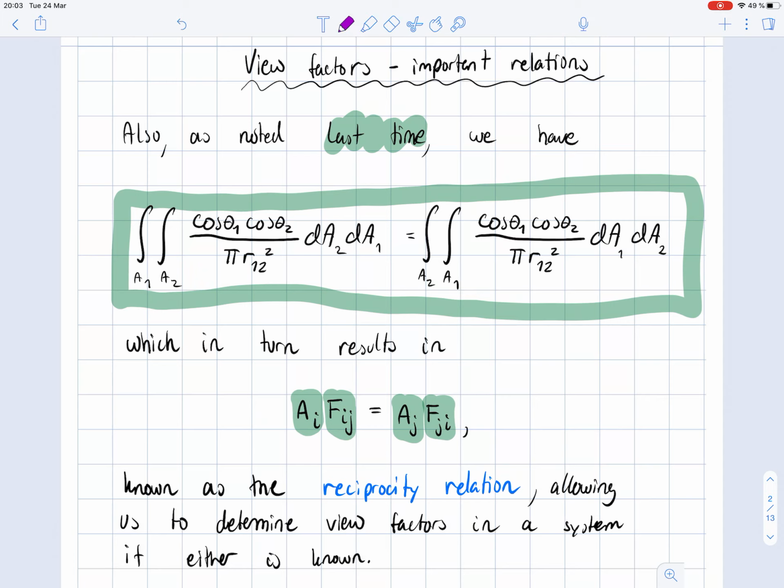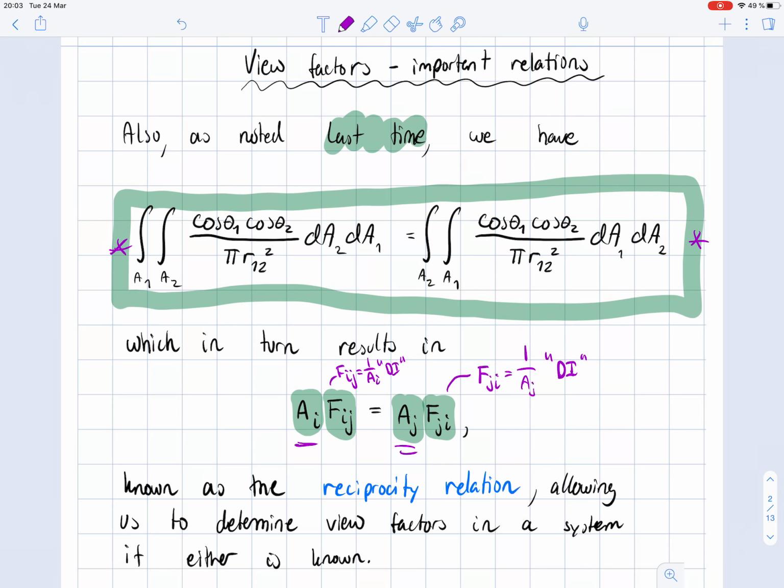And if you remember, this Fji would then be 1 over Aj times this double integral, while the Fij equals 1 over Ai times the double integral. So if we multiply this with the corresponding area, we of course get this relation that we have here.